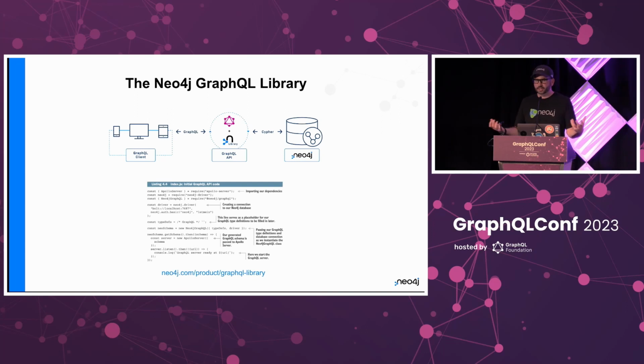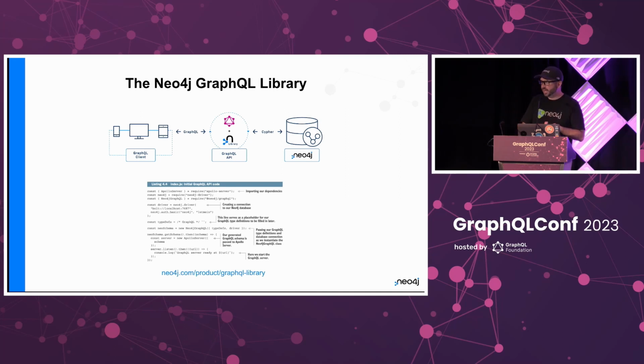And you may wonder, as a graph database, what's the interest here in GraphQL? Well, if we observe that the data model that we're using in the backend in the database is a graph, and we have a graph data model in our GraphQL API, a lot of problems of implementing our GraphQL API go away, and there are lots of interesting things we can do. The integration for Neo4j with GraphQL is the Neo4j GraphQL library.